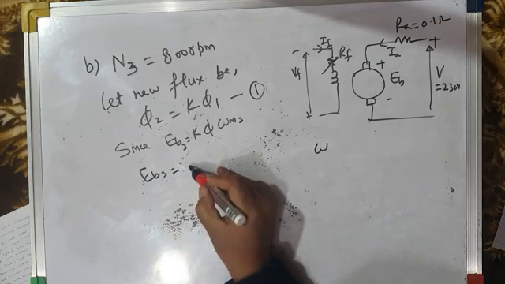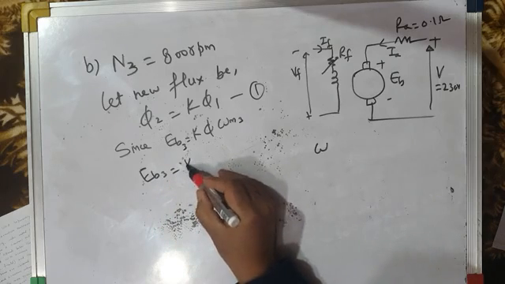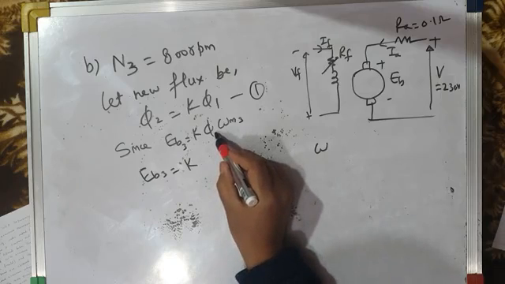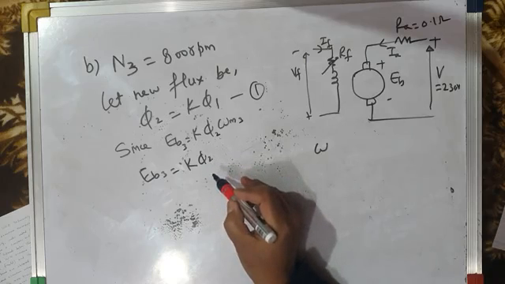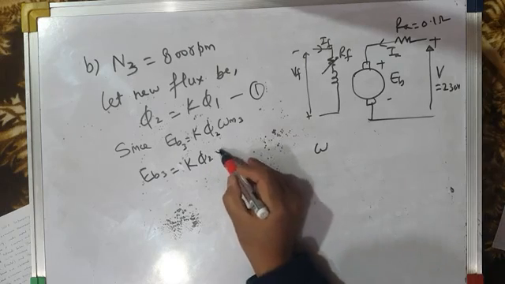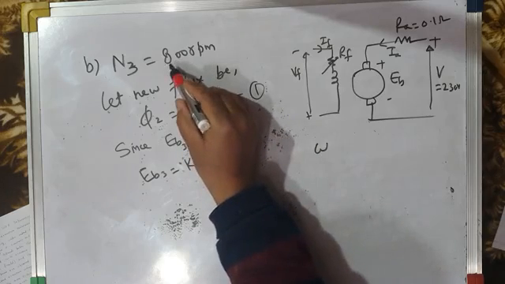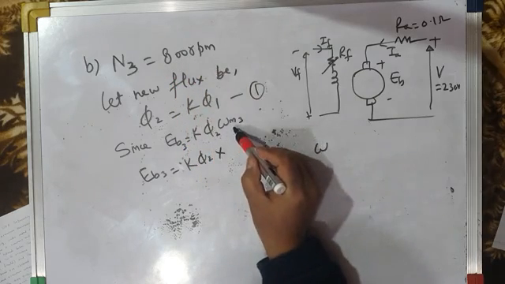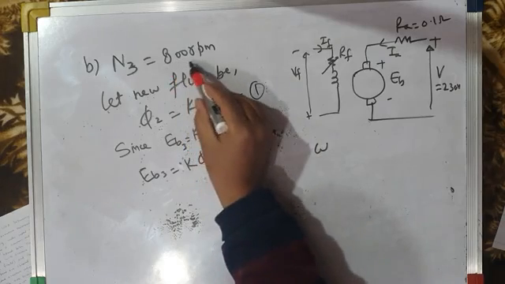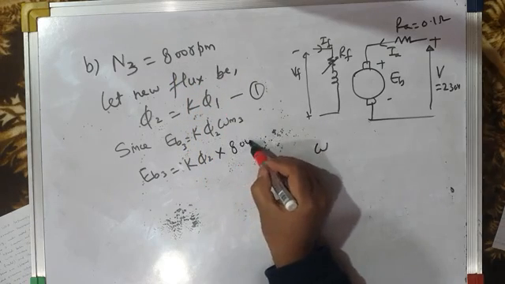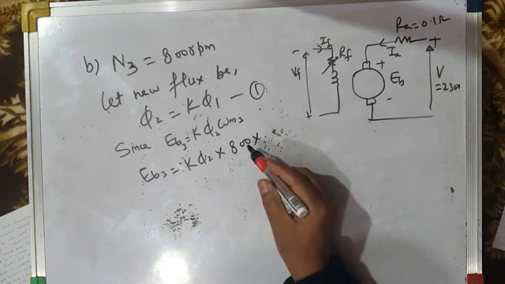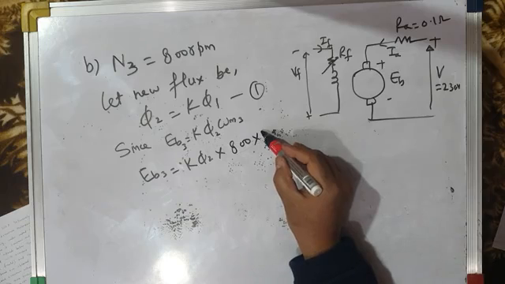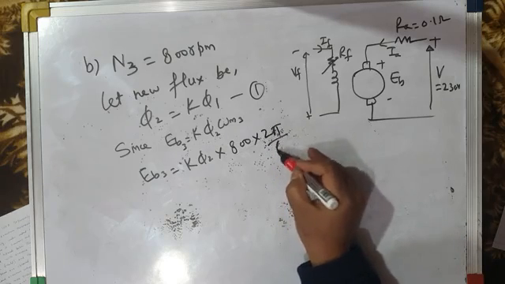EB3 is equal to K, now it should be phi 2, K into phi 2 into omega m3. Omega m3 is the speed in radians per second, but N3 is speed in RPM. If you want to convert speed from RPM to radians per second, you have to multiply it by 2 pi by 60.